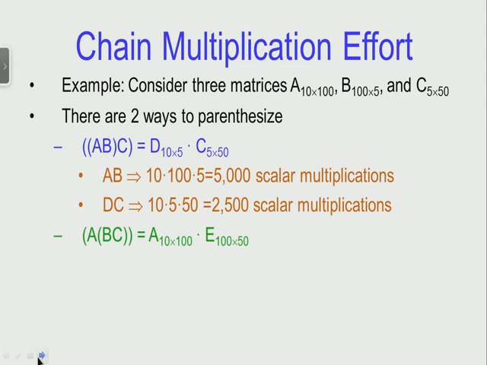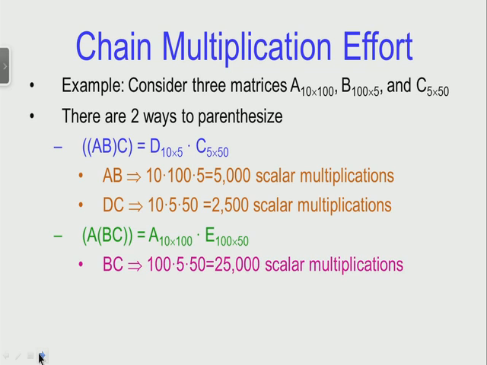Let us consider the second parenthesization where B and C are multiplied first, followed by A. So, let the outcome of multiplying B and C be the matrix E, which is a 100 by 50 matrix. The product B multiplied by C, which is performed first, takes 25,000 scalar multiplications.